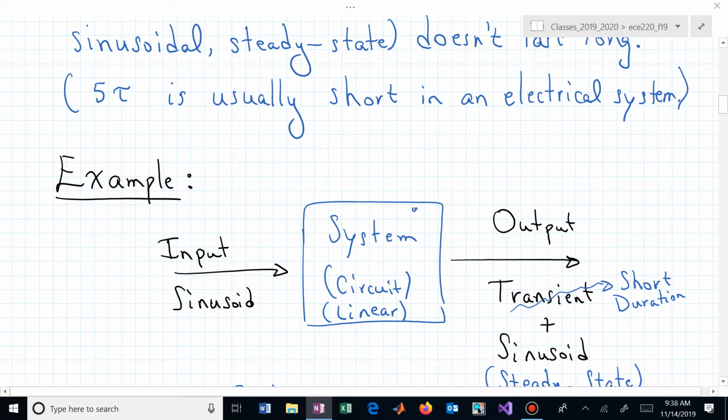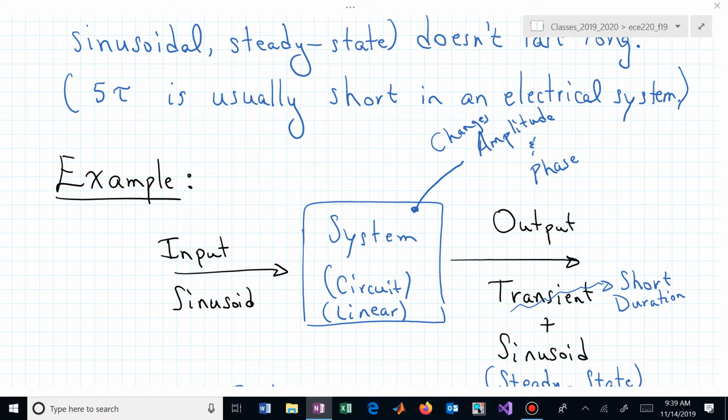And this system, if it's linear, what we're interested in is how does it influence the input, and it influences it by changing the amplitude and maybe its time orientation to the input signal that's exciting it, and we refer to that as the phase. So how are these sinusoids aligned?